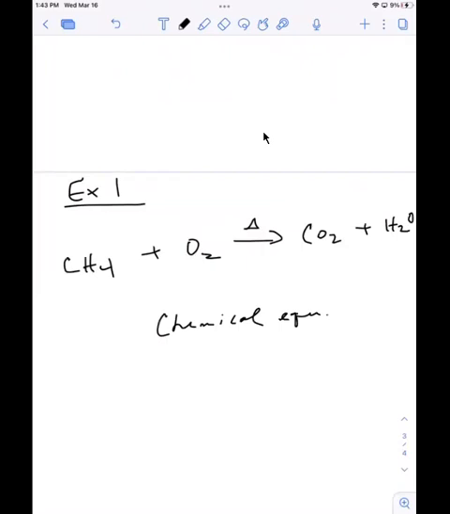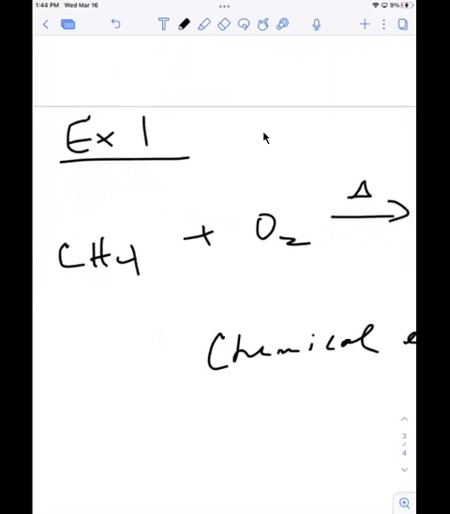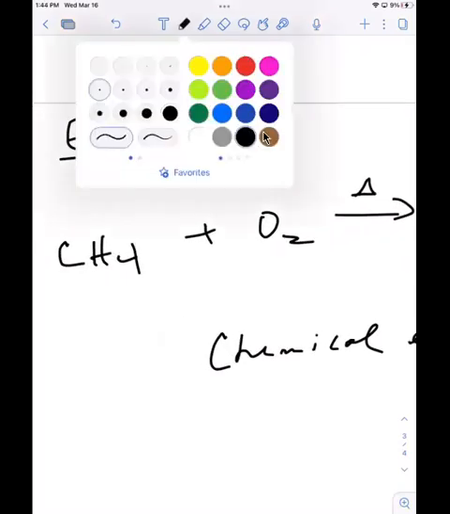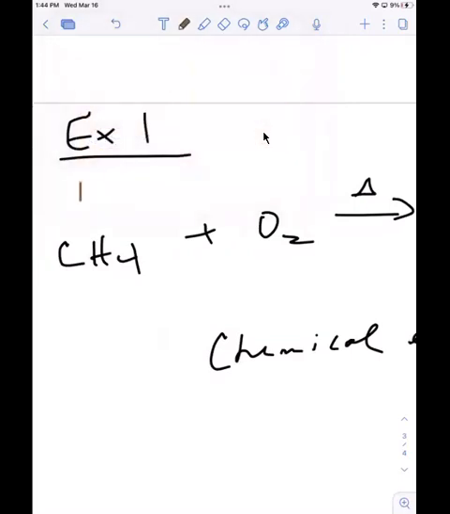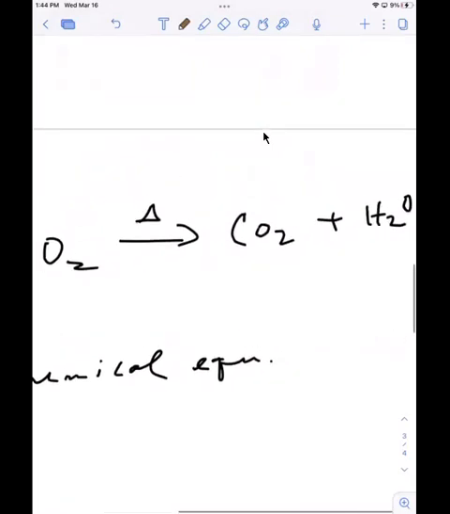On the left side of the arrow, these are my reactants. On the right side of the arrow, these are my products.